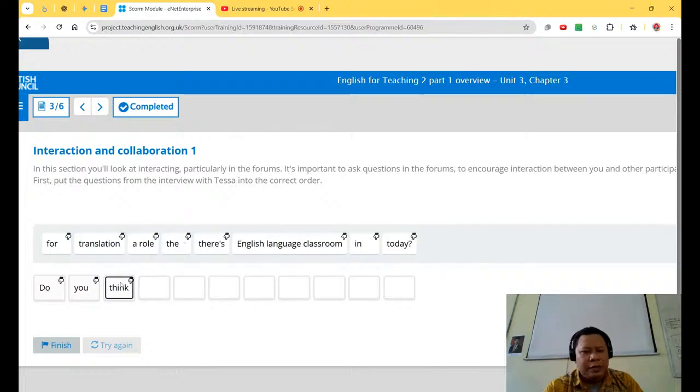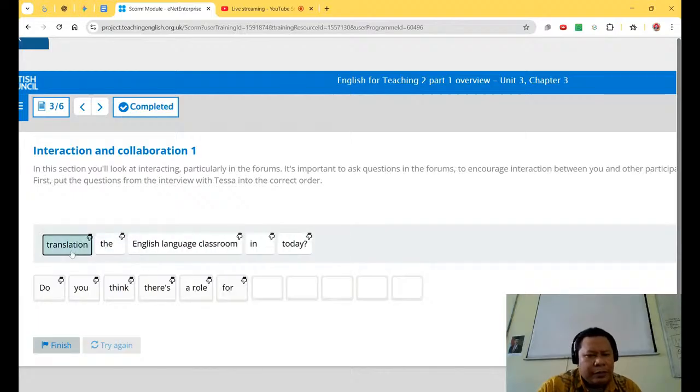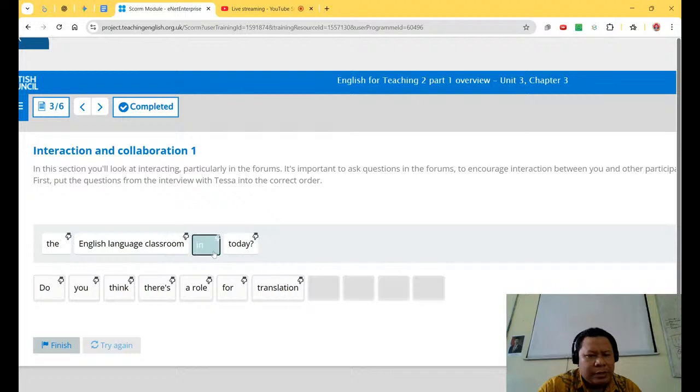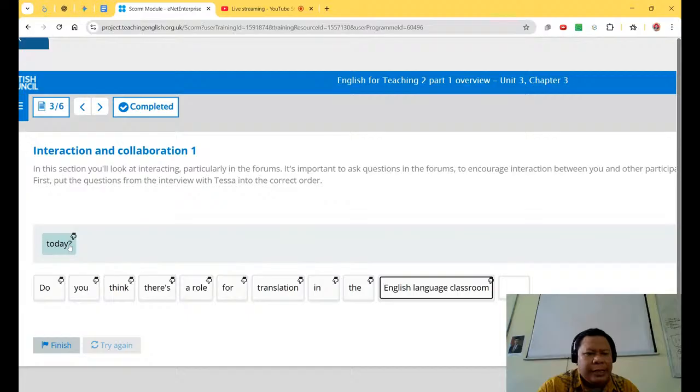Do you sing? Okay, now let's put the phrase there's. Do you think there's a rule for translation in the English language classroom today?